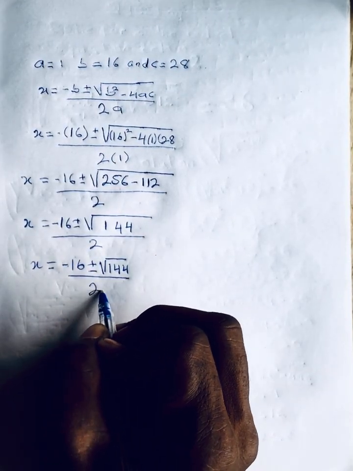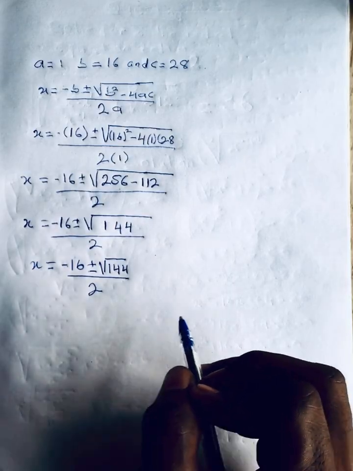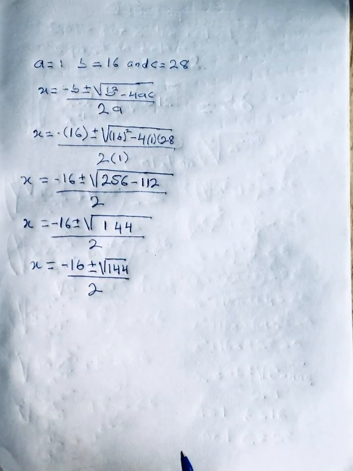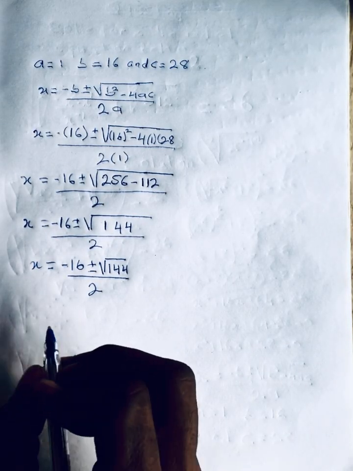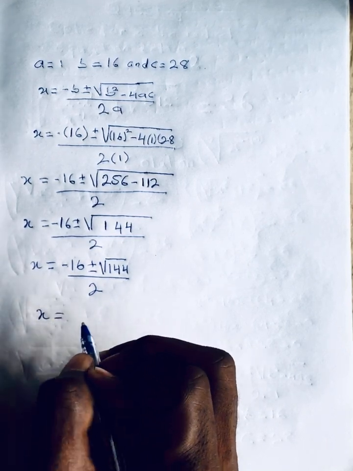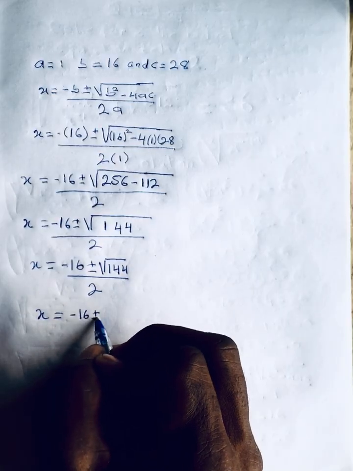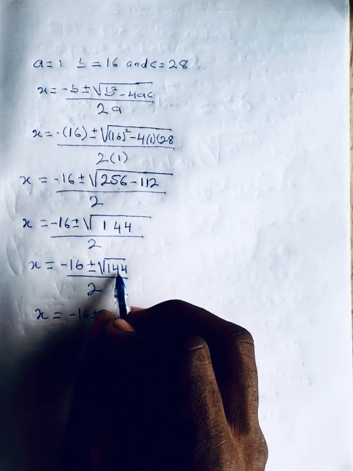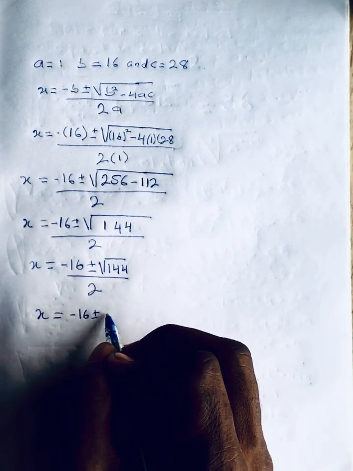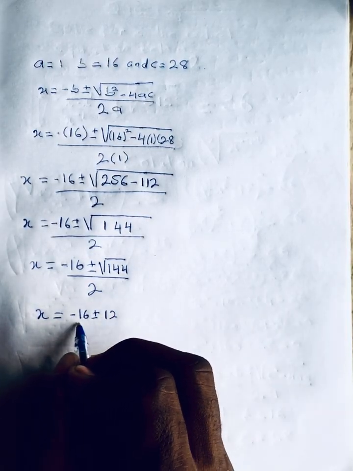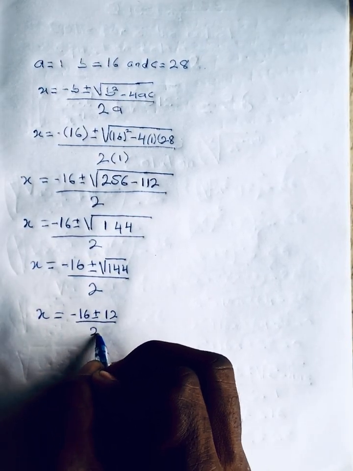all over 2. But we know that the root of what? 144, that will give us what? 12. So it will be x is equal to negative 16 plus or minus what? Plus or minus 12 all over 2.